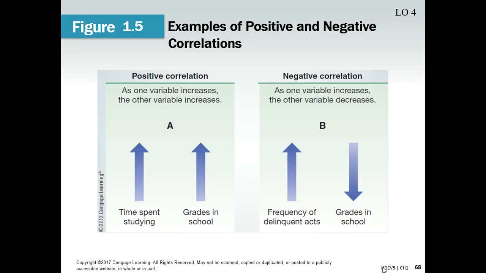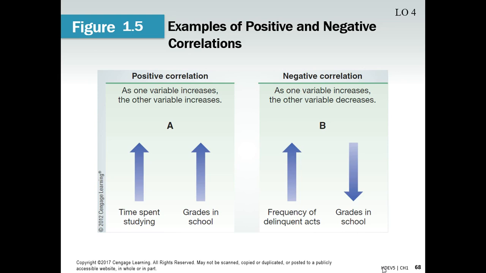I always like to show these arrows. If I were in front of you, I do this like thumbs up, right? So a positive correlation, both variables are going up or coming down together. So it doesn't matter if they're both going up or they're both going down. If they're both doing the same thing, it's a positive correlation.